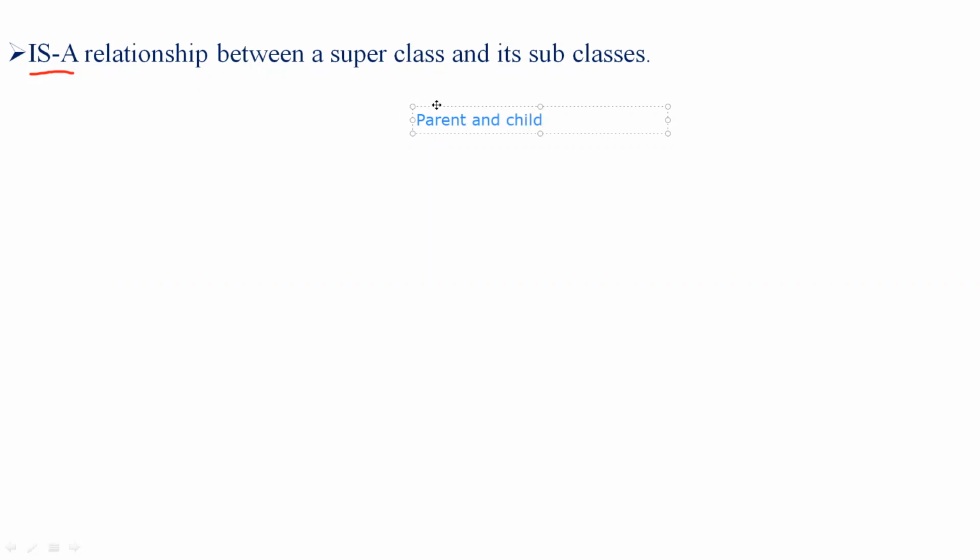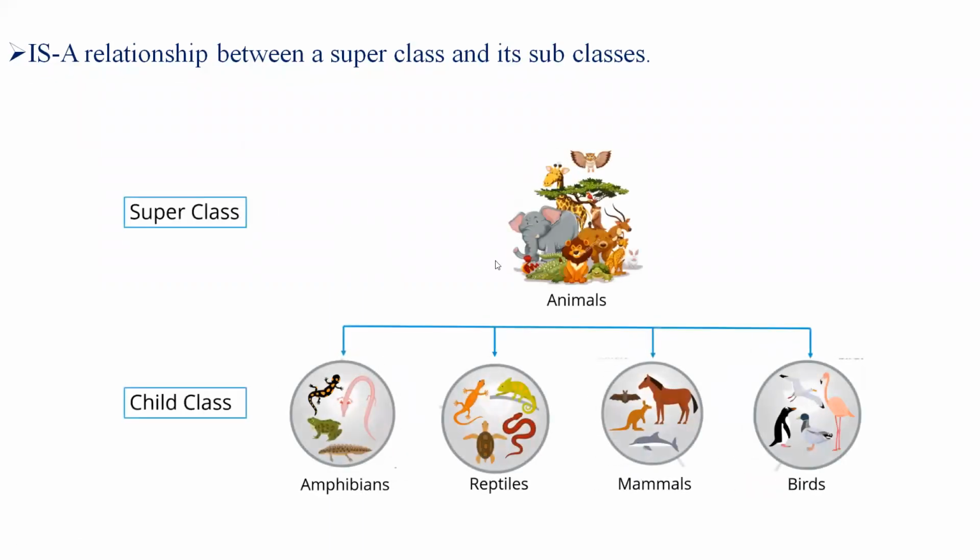So how does it eventually work? Let's consider an example. Here, animal is a superclass, which is also called a parent class.